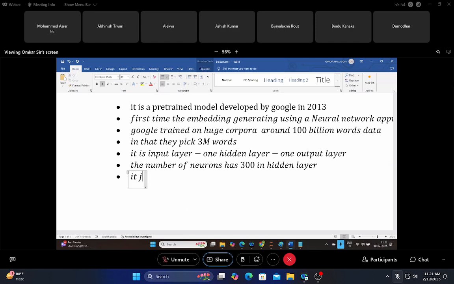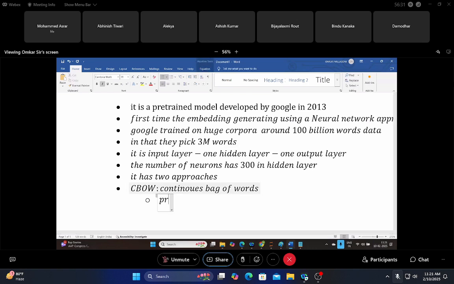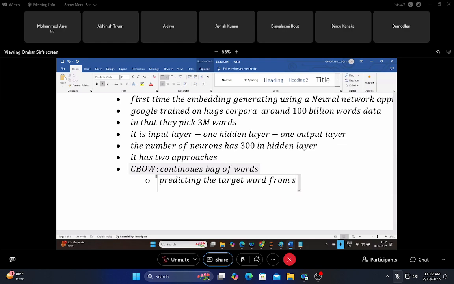It has two approaches. One is CBOW, continuous bag of words: predicting the target word from the surrounding words.